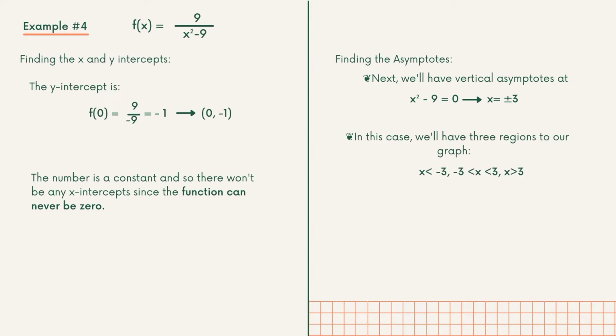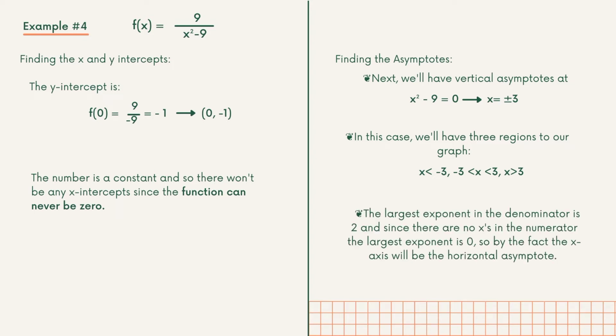In this case, we'll have 3 regions to our graph. x is less than negative 3, negative 3 is less than x is less than 3, and x is greater than positive 3. The largest exponent in the denominator is 2, and since there is no x in the numerator, the largest exponent is 0.